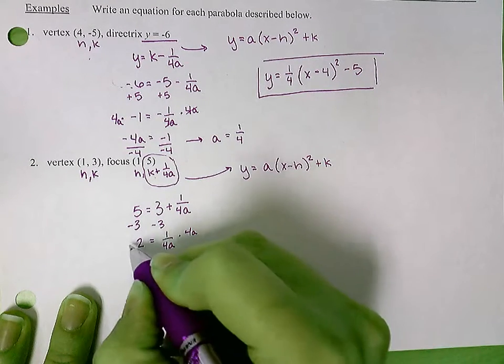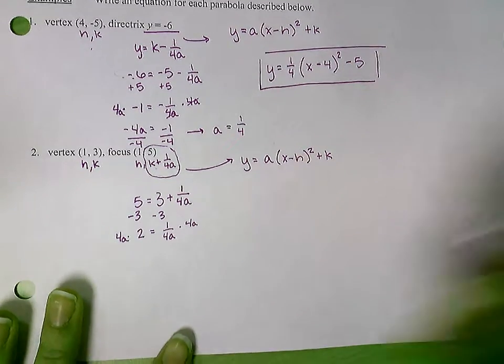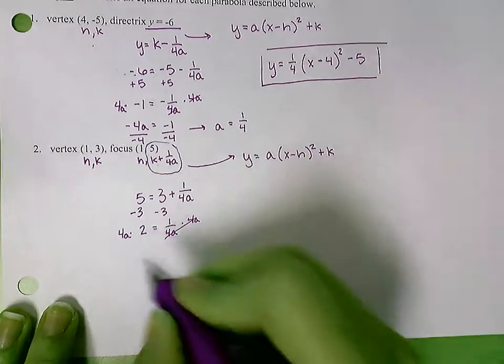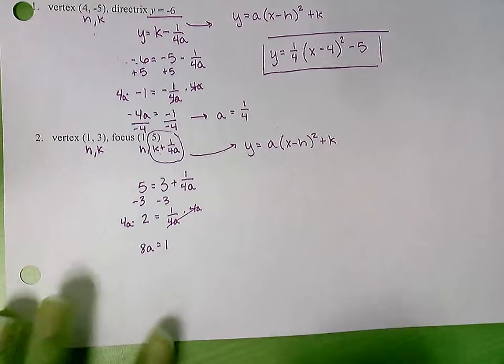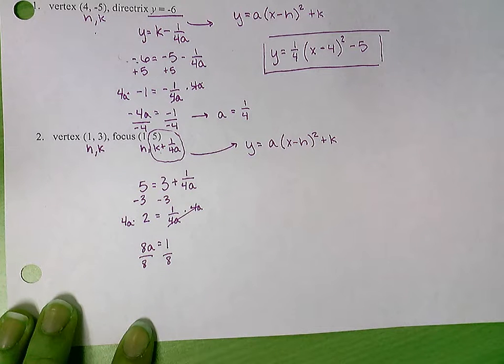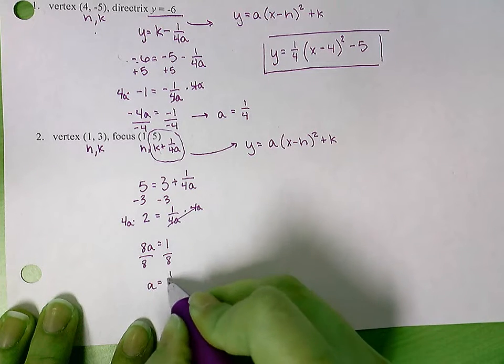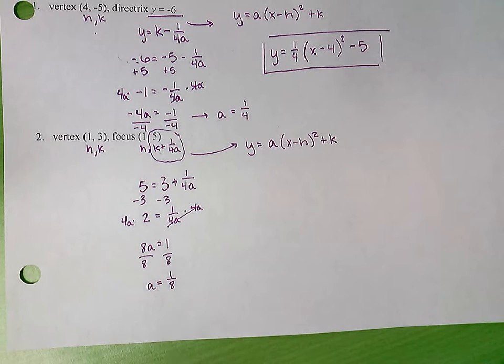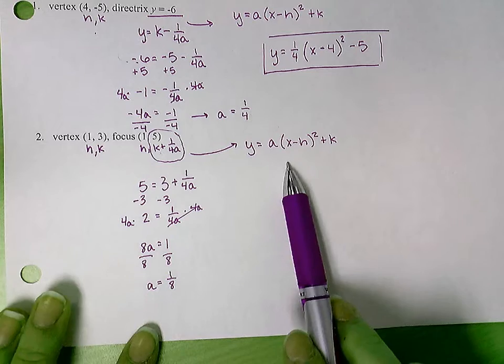Multiply both sides by 4a. Okay, they cancel here. So I have 8a equals 1. Divide both sides by 8. a will equal 1/8.